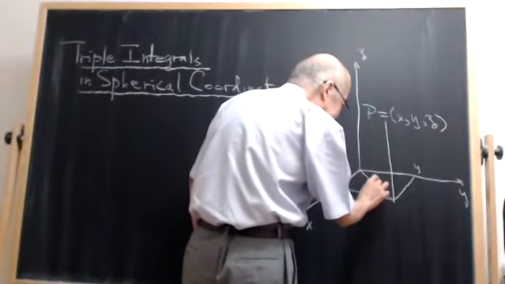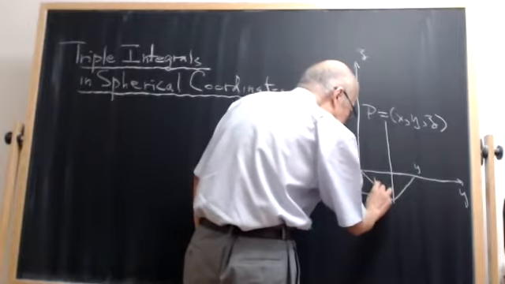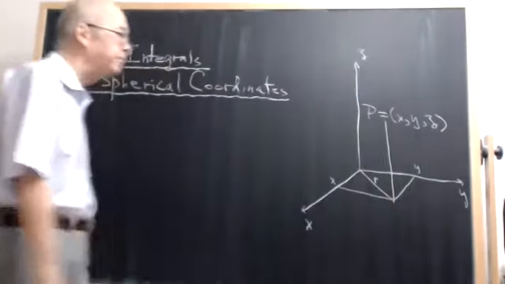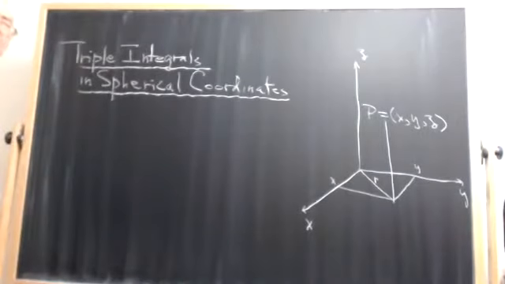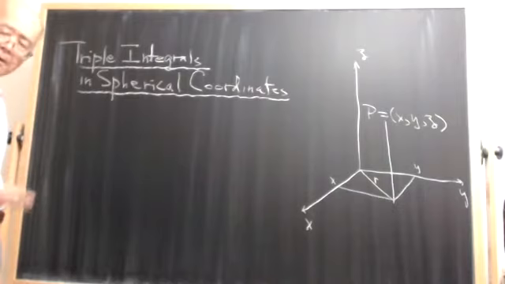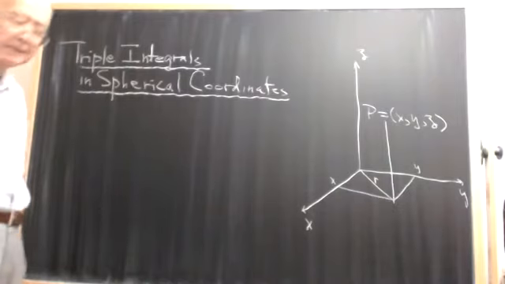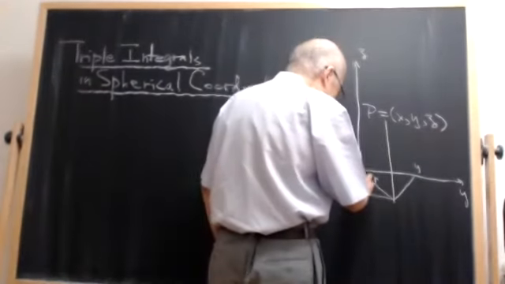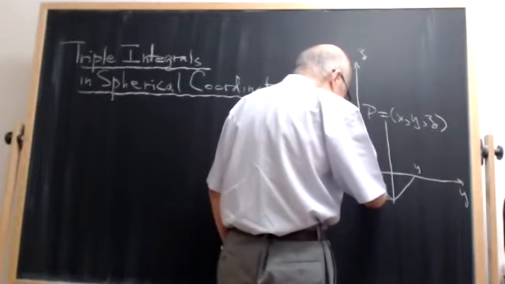The radius here is R. But we are not so much interested in R in spherical coordinates. But the angle theta is still important.